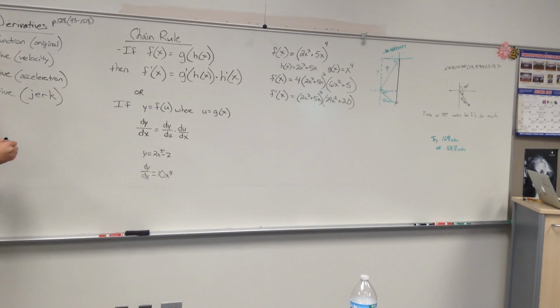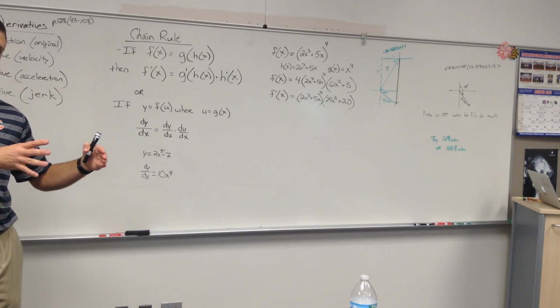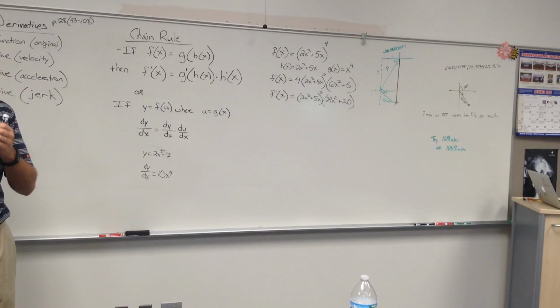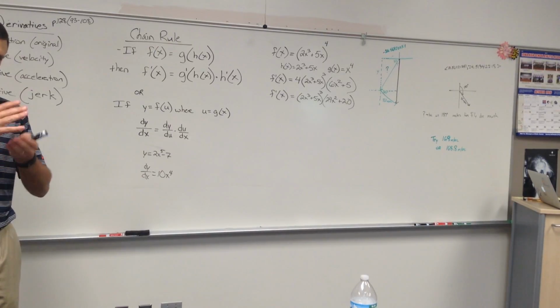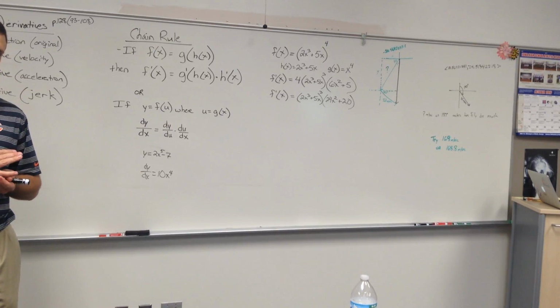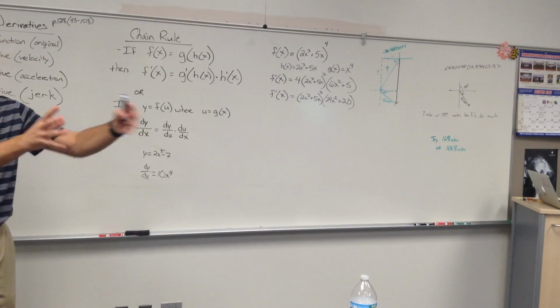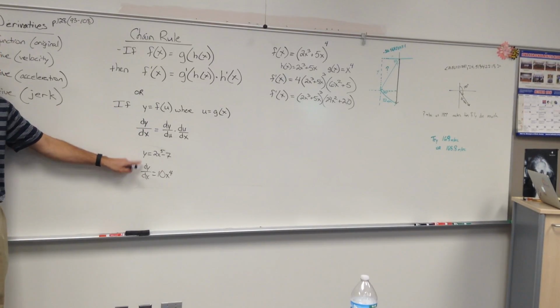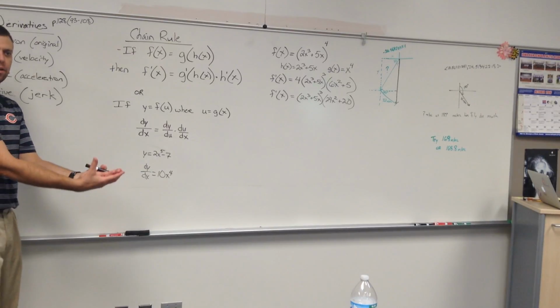Why with respect to x? Because in a little bit, when we start doing implicit differentiation, you need to state which variable you're differentiating with respect to. In other words, which variable you're differentiating when we have more than one variable in an equation. So dy dx means I'm going to do the derivative with respect to the x variable.